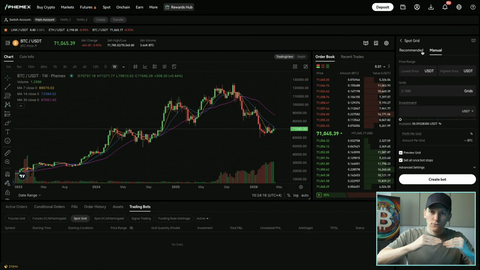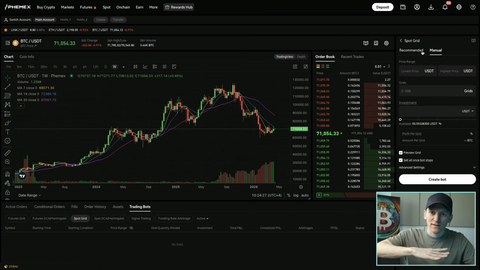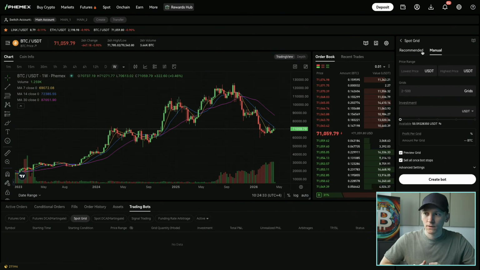Now, if the price just goes up over time of the asset, then grid bots will underperform. And that's what my data has shown. And I've run grid bots for multiple years. And it always shows that if the price of the asset is going up, of course, you're going to make more profits by buying at a price and then the price is much higher. So if you think the price is going to go sideways, this can work.